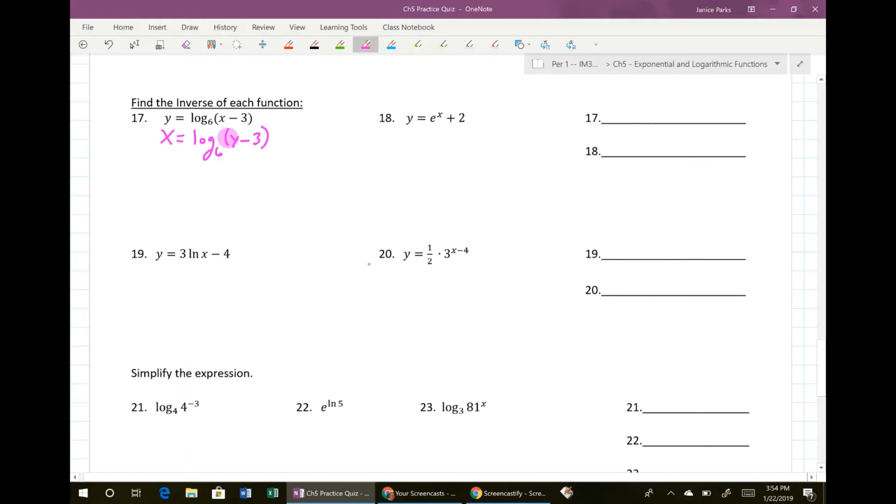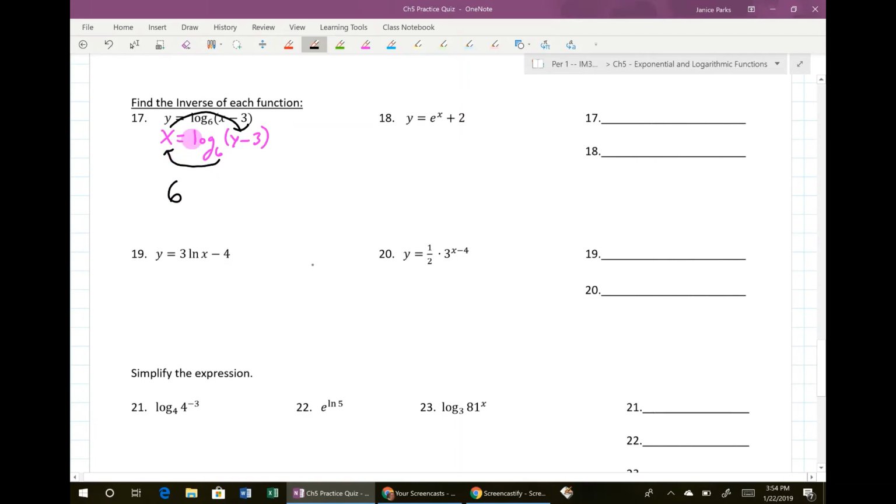The second thing you do is get whatever the logarithm is isolated, which right now it is. If it was an exponential, same thing. So now we have the logarithm isolated. You cannot move the 3 over because it's part of the logarithm. So now we're going to change it into exponential form. In order to do that, I'm going to do the wheel. So it's 6, that's the base of the logarithm, so it's the base of your exponent.